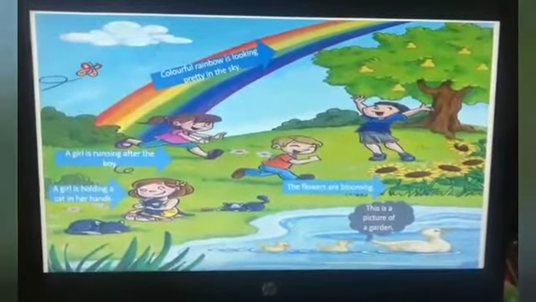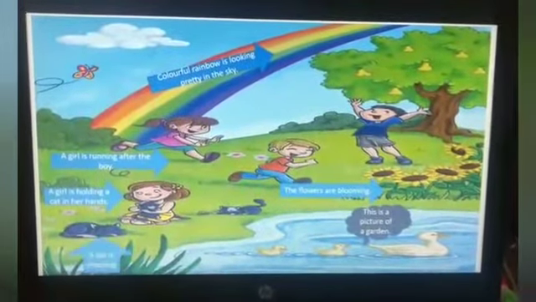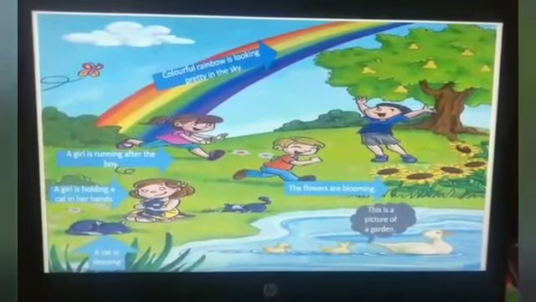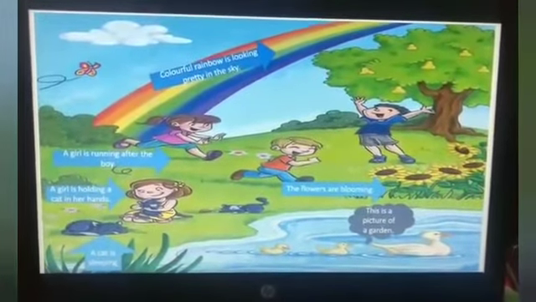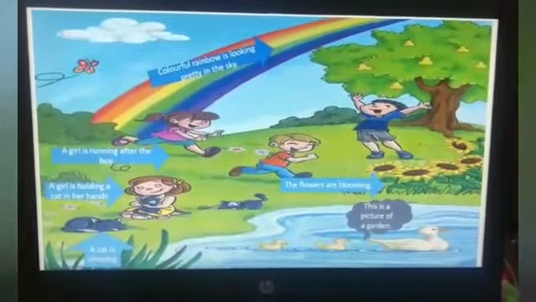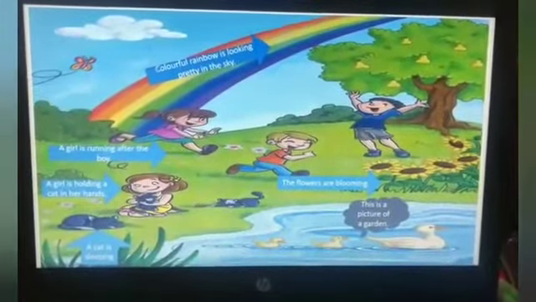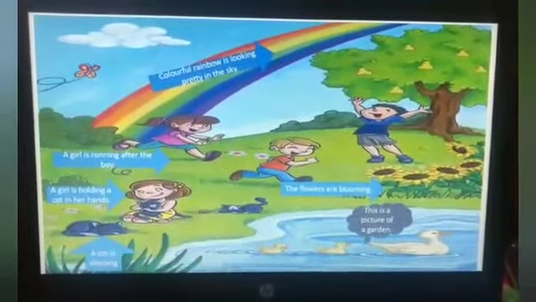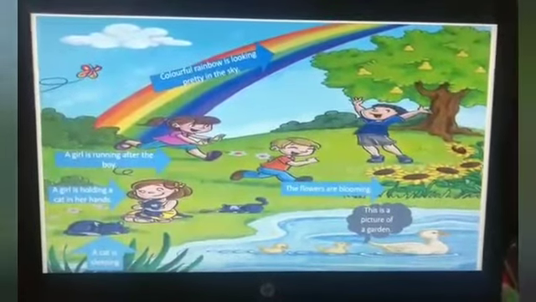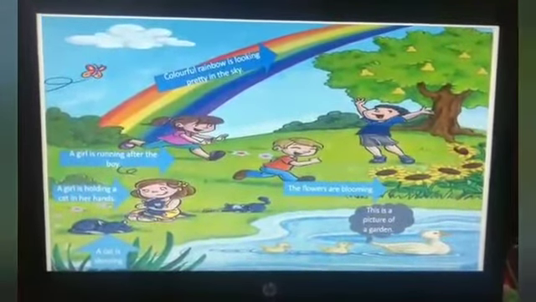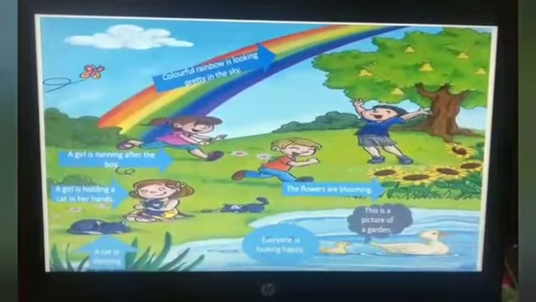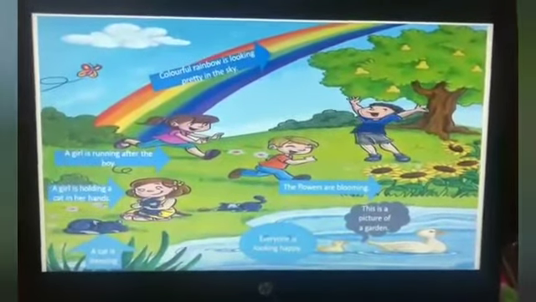Now I can see there is a cat and the cat is sleeping. So the next line will be a cat is sleeping on the grass. Final and the last concluding line will be everyone is looking happy in the picture.